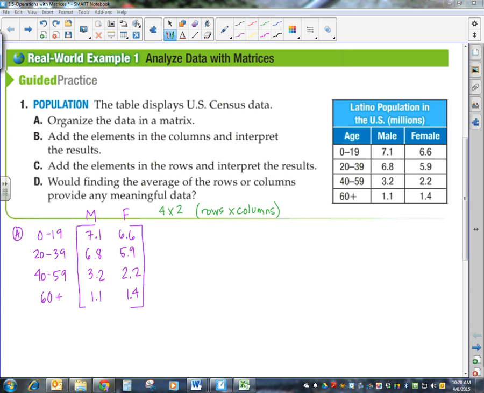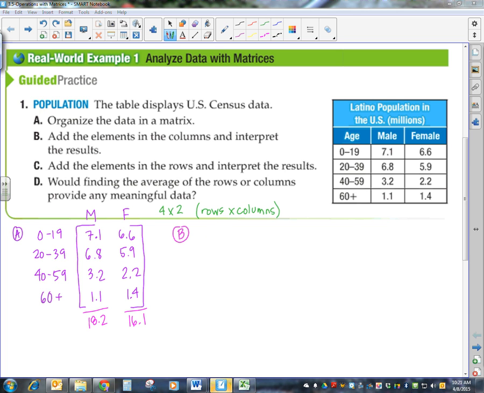Okay, so moving on to the second part. B says add the elements in the columns and interpret the results. So part B, if I add this column, I'm going to get 18.2. And if I add that column, I'm going to get 16.1. Interpret the results.